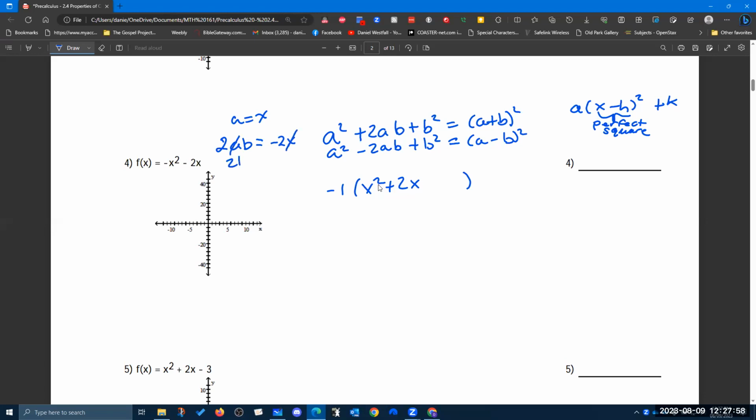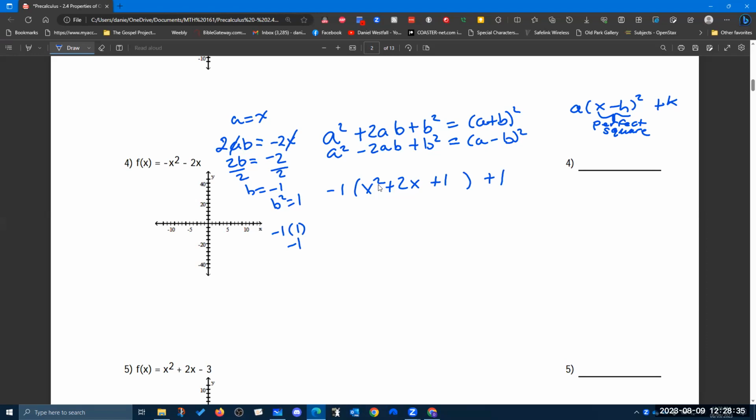That 2b is going to be 2, and when I divide by 2, that means that my b is 1. And I want to add b squared in here, so b squared is 1. So I just added -1 times 1. I added a value of -1 to the problem. So the opposite of that, which I need to add on the outside to balance it out, is a +1.